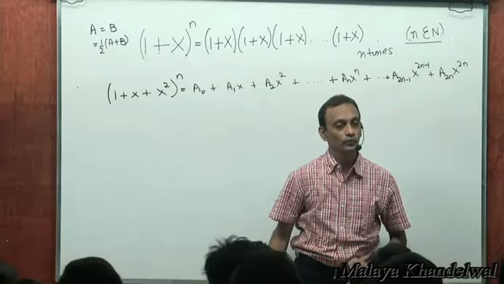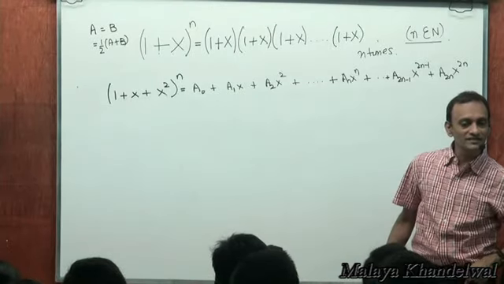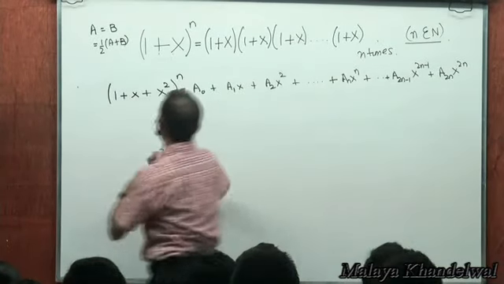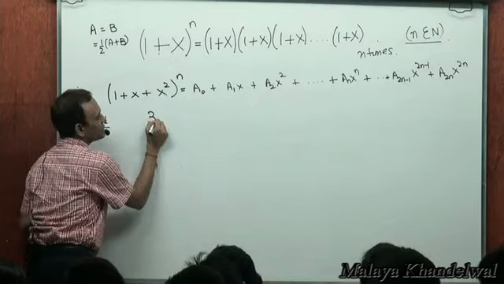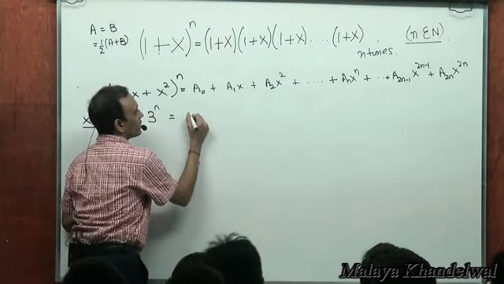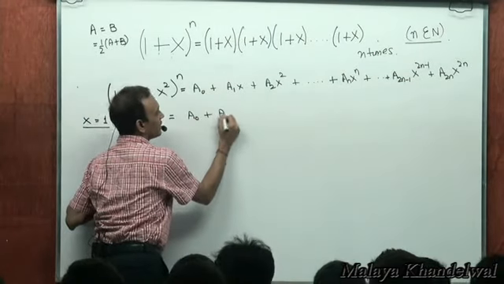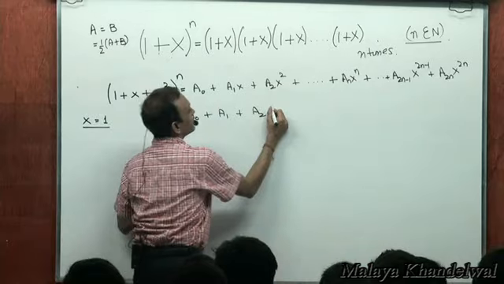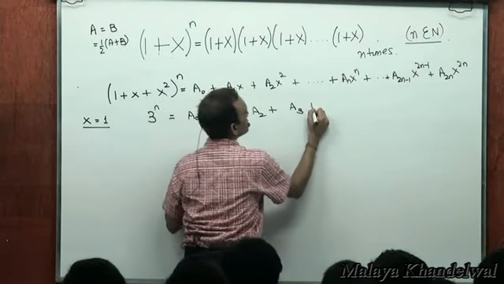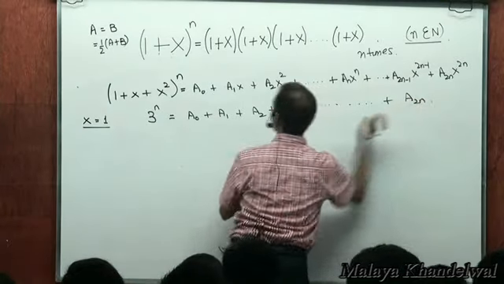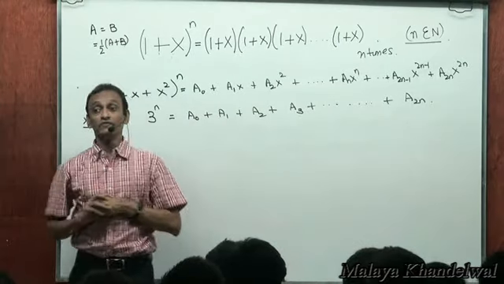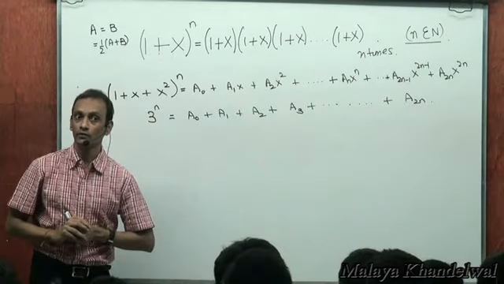How? Put x equal to 1 on both sides. Then you get 3 to the power n is a naught plus a1 plus a2 plus a3 plus a 2n. The sum of these coefficients would be 3 to the power n, right?